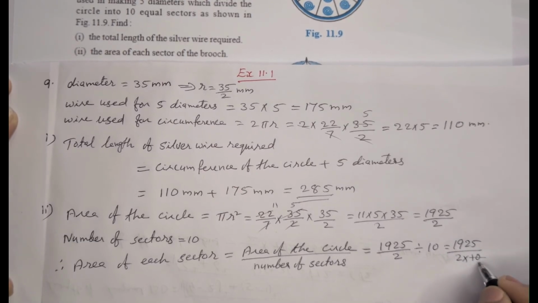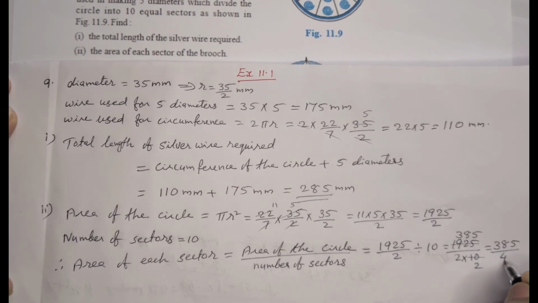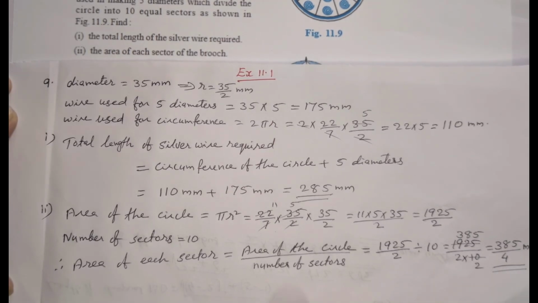Dividing by 10, we can divide by 5 here, which gives 385 by 4 millimeter square.